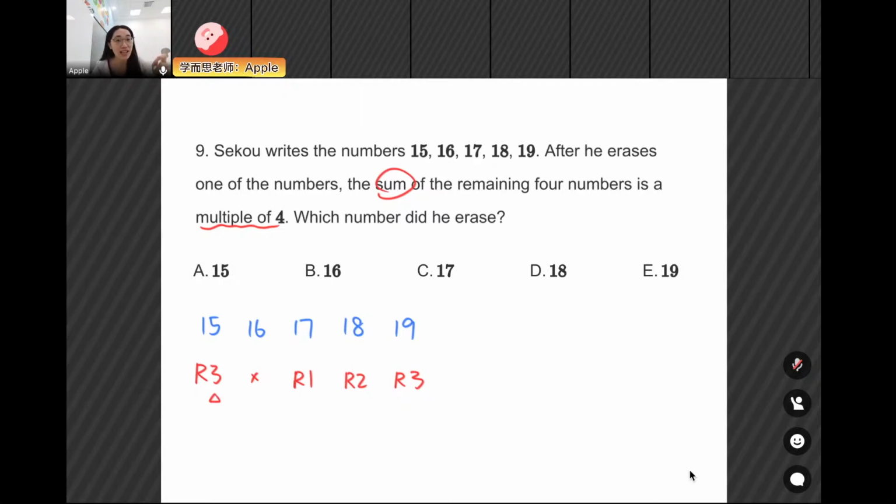And as long as I get one more, we can try to make sure that the sum is a multiple of 4. So maybe we can try to pair up 15 and 17, right? But after this, what about the 2 and the 3? Actually, you still have 5 numbers remaining. You cannot just erase 1 to make sure that the number is divisible by 4.